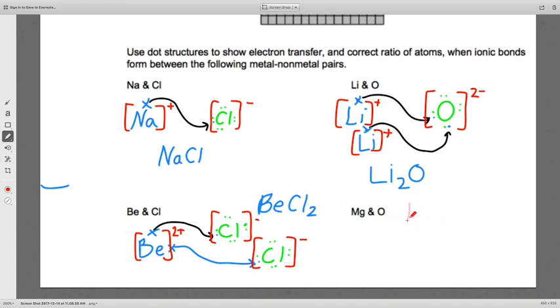What we're going to see is a formula of MgO. And the reason for that is when you work out magnesium's diagram, it would like to lose 2 electrons. It will become charged as Mg2+. The oxygen can accept 2 electrons. It ends up being 2-, and a 1-to-1 ratio is what's needed to make that particular formula.